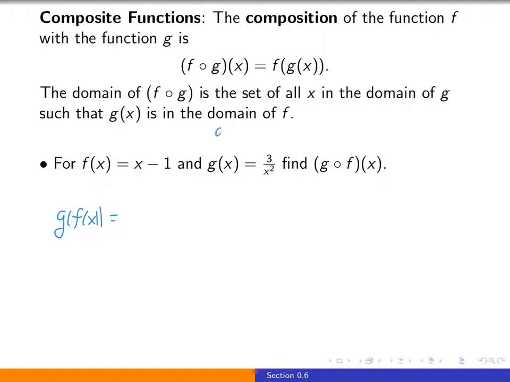And my favorite way of thinking about this is to once again replace that variable x with a blank box, and think wherever that blank box is, I need to plug in the function x minus 1. So this is g of x minus 1, and I have the function x minus 1 going in that blank box. So 3 over the quantity x minus 1 squared.